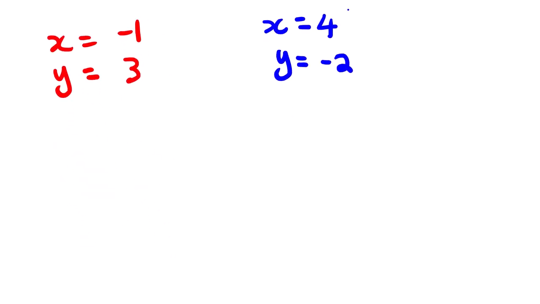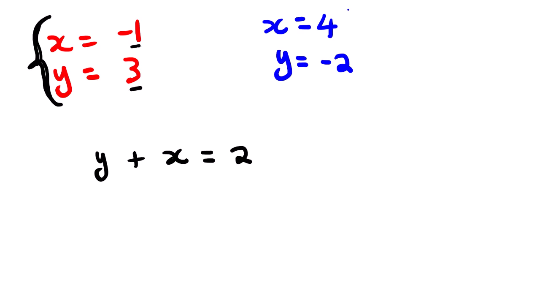Now to check whether your answers are correct, we can prove y plus x. You choose any equation. It might be equation 1, equation 2, or equation 3. Since equation 1 is the simplest, we are going to use it. Now if we are going to use this set, we must use this y and this x.